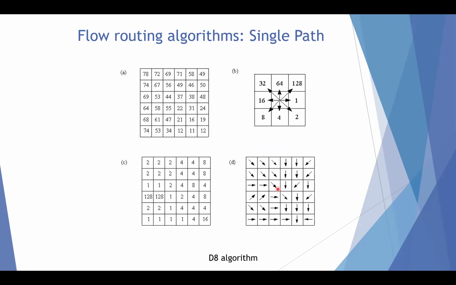Okay, now if I take this pixel, let us say this pixel, and I want to calculate the flow accumulation, what are all the upstream pixels which are going to contribute? Okay, now let us just try to see that. Here I can see for this pixel, this is contributing, and this is contributing.